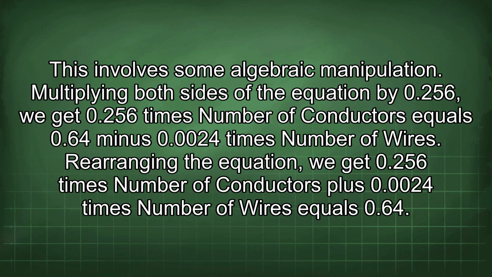Multiplying both sides of the equation by 0.256, we get 0.256 times number of conductors equals 0.64 minus 0.24 times number of wires. Rearranging the equation, we get 0.256 times number of conductors plus 0.24 times number of wires equals 0.64.